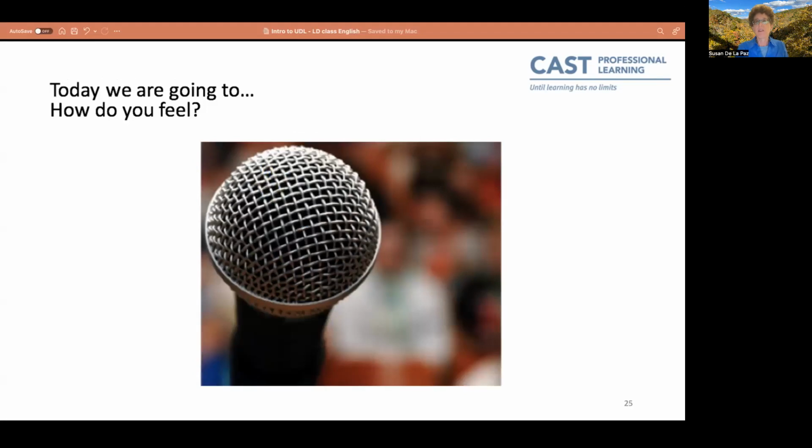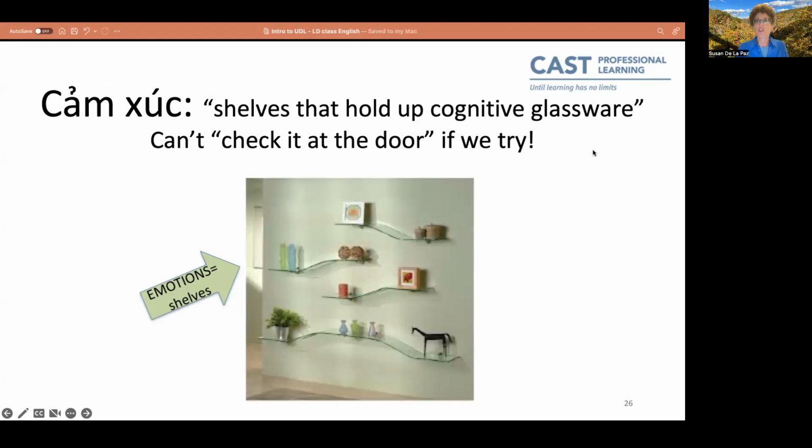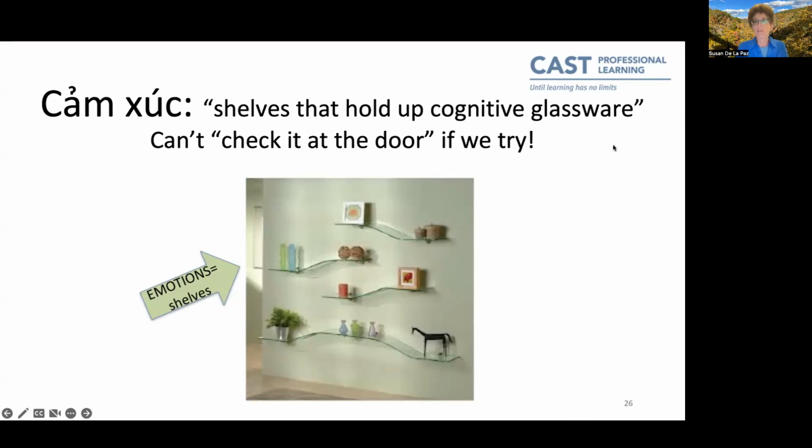What if I say, today we're going to do some karaoke? Well, some of you think that's fantastic fun and other people not so much. So our feelings are thought to be, this is the analogy, kind of like the shelves that hold things up on a wall, the cognitive shelves or glassware.